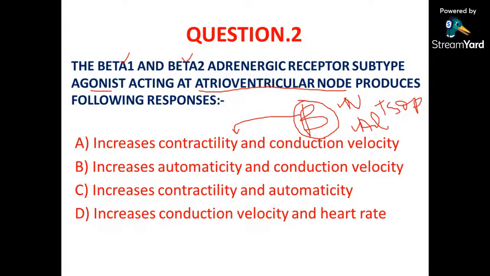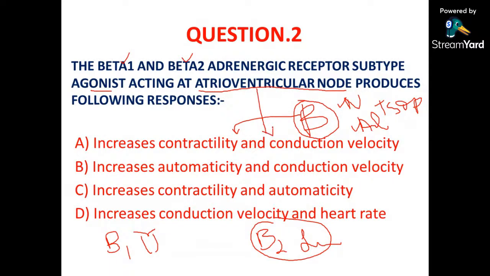To give an answer for this question, remember, beta 1 receptors are present on the heart and beta 2 receptors are present in lungs. Simple. Anyways, beta 2 action is not asked here, particularly the beta 1 action on the heart, especially on the atrioventricular node. What action is shown?